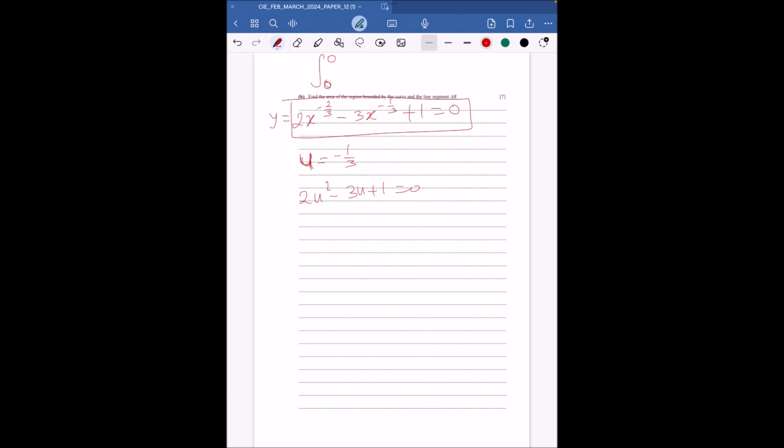When you solve this with your calculator, you should be smart with your calculator. The calculator is going to give you u as 1 by 2 and u as 1. So just be smart, cross multiply. So that will be 2u minus 1, then u minus 1 equal to 0. So u is equal to 1 by 2, or u is 1.